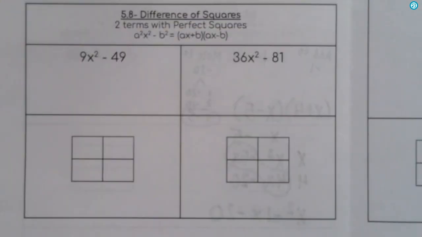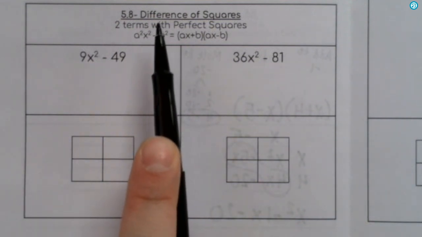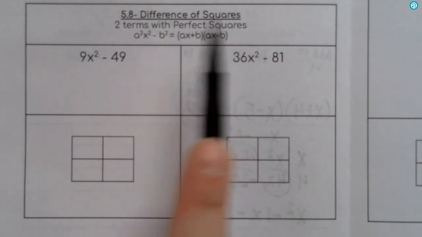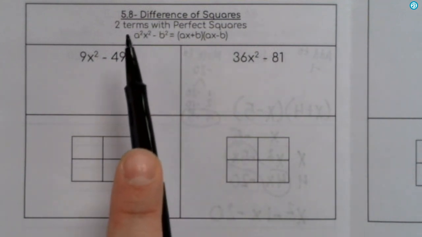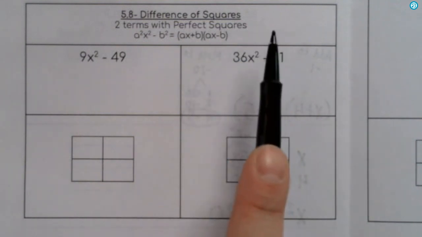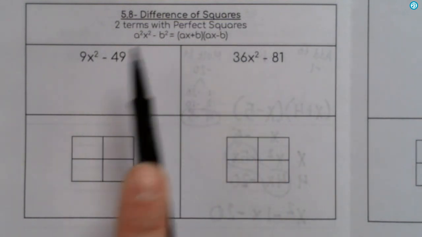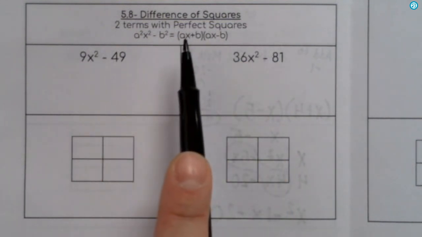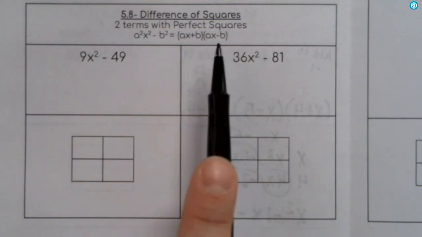Hey, the next method of factoring we had was our special scenario one that we used when we had a difference, which is subtraction, of perfect squares. We use this when we have two terms that are being subtracted with perfect squares. Our rule is if we can figure out what these things are squared, it's going to be ax plus b and ax minus b.